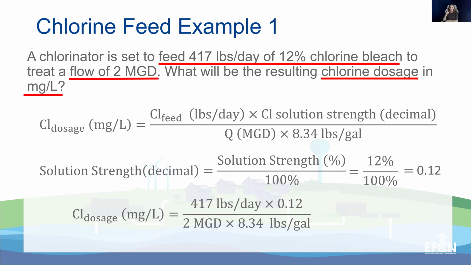When we plug all those variables into our equation, we have the chlorine dosage is equal to the loading of 417 pounds per day times the solution strength of 0.12. This is divided by the product of our flow of 2 MGD and the conversion factor of 8.34 pounds per gallon. And this would equal 3 ppm or 3 milligrams per liter.